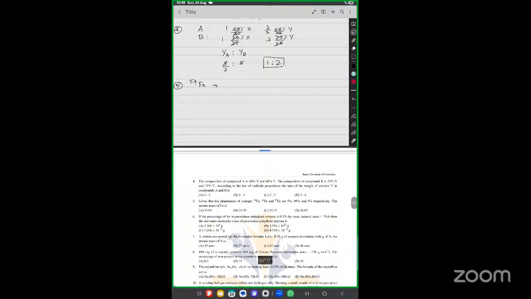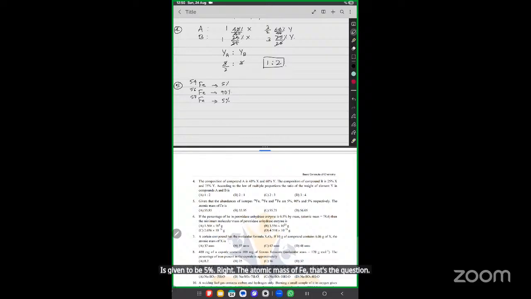Fe56 is given to be 90% and Fe57 is given to be 5%. Right. The atomic mass of Fe, that's the question.